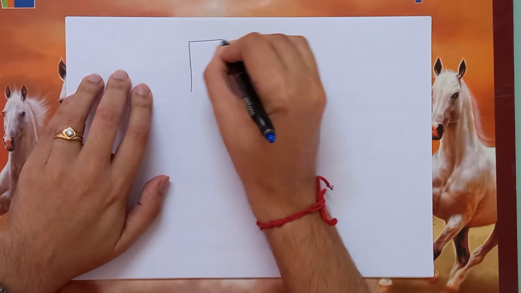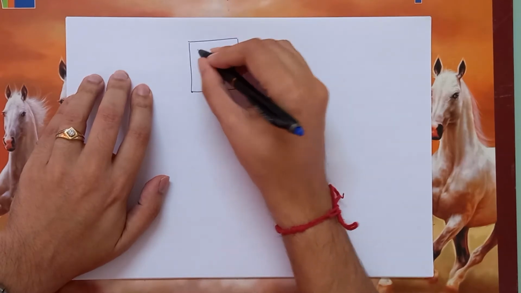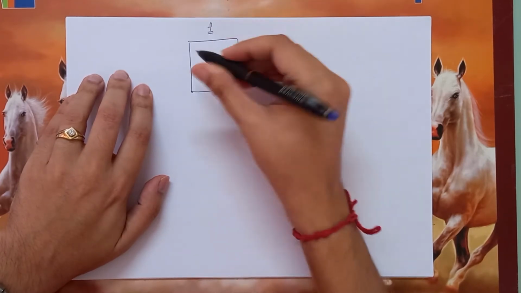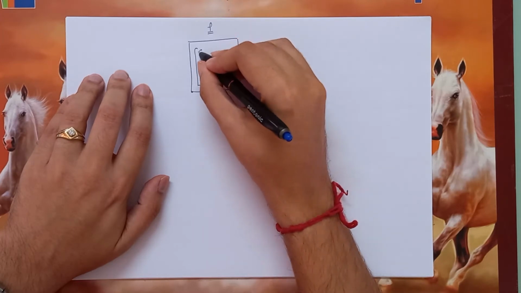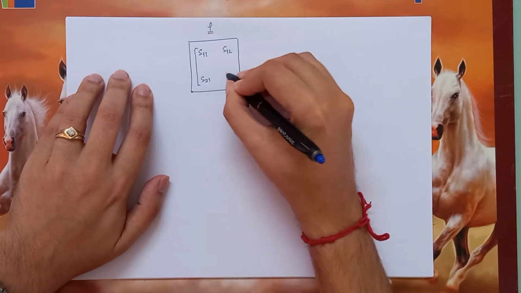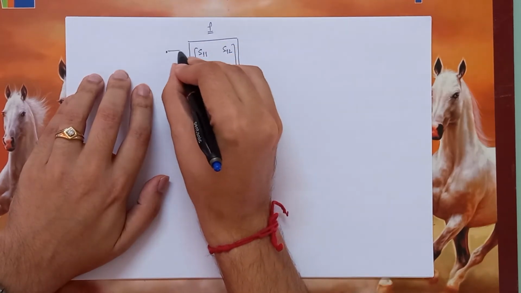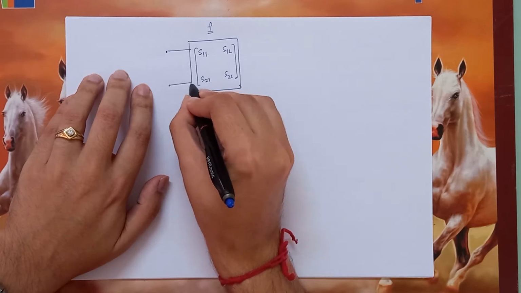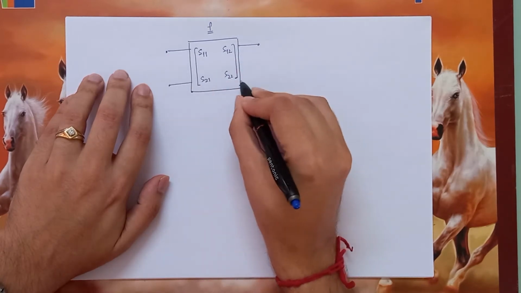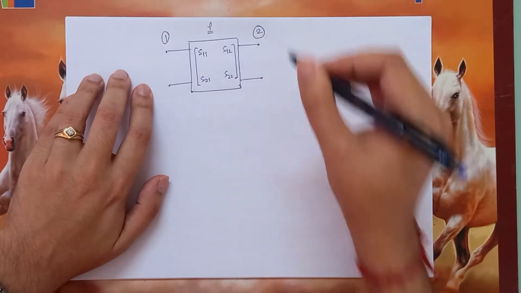So we had studied that if you consider the MMIC amplifier as a black box, and at some frequency f we are analyzing it, it has the S matrix S11, S12, S21 and S22. This is port 1, this is port 2.